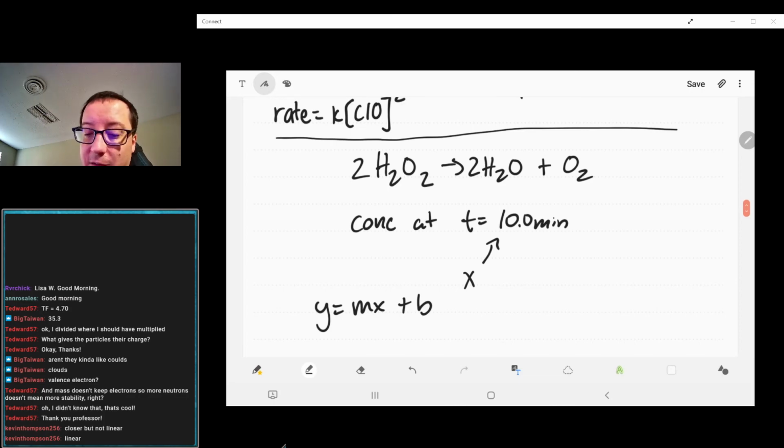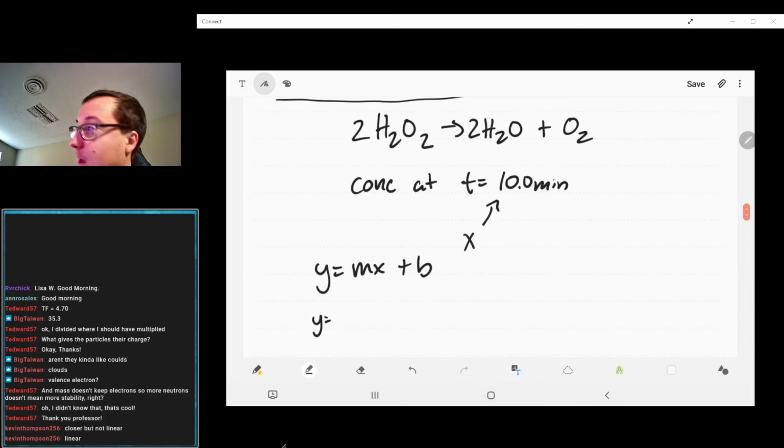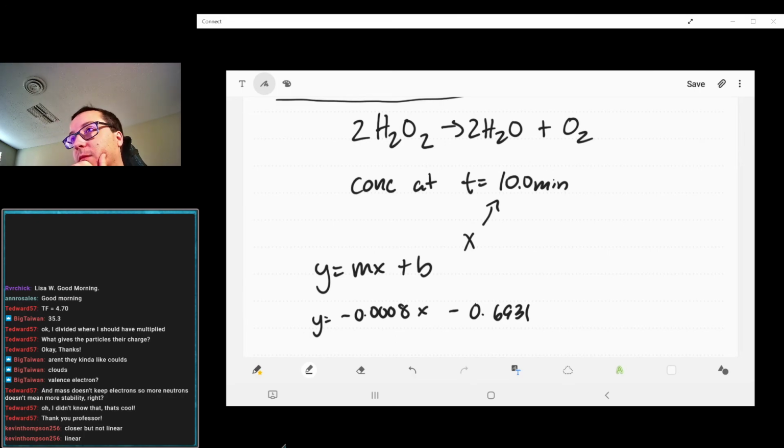Excel has already given to us that y equals negative 0.0008x minus 0.6931. So if we are going to plug in our x, we can do that. However, note that our graph is given in seconds, not minutes. So we're going to need to adjust this to 600 seconds instead.